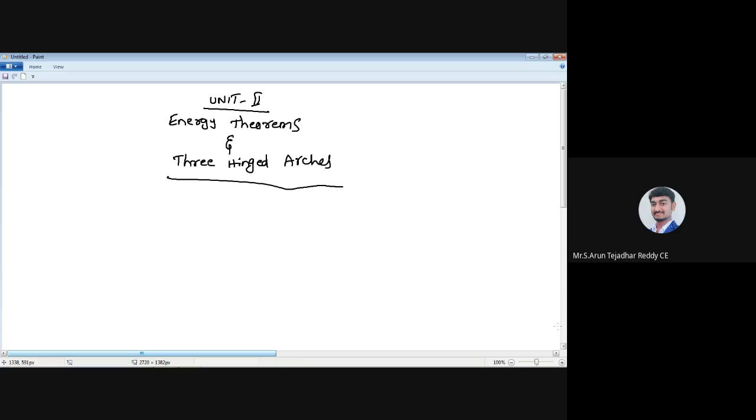All of you note down these two points: energy theorems and three hinged arches.